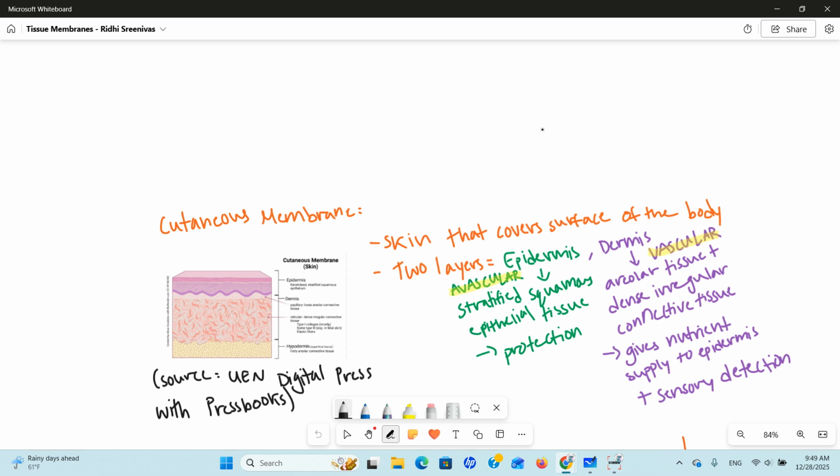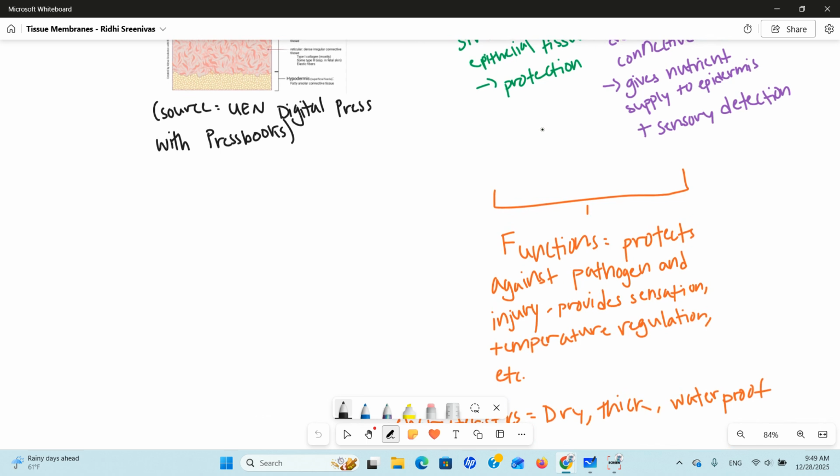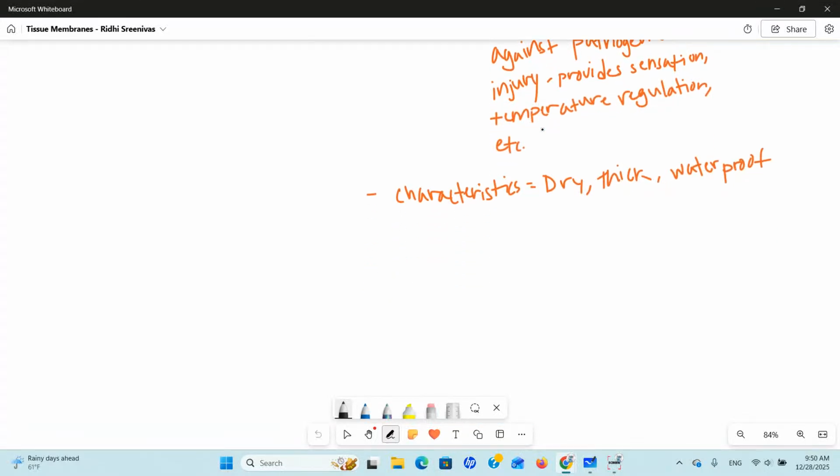But in total, some general functions collectively of the cutaneous membrane are that it protects against pathogens and injury, provides sensation, temperature regulation, etc. And some characteristics of the cutaneous membrane are that it is dry, thick, and waterproof due to the epidermis containing a protein called keratin. And we'll talk more about the cutaneous membrane when we get into the integumentary system soon.